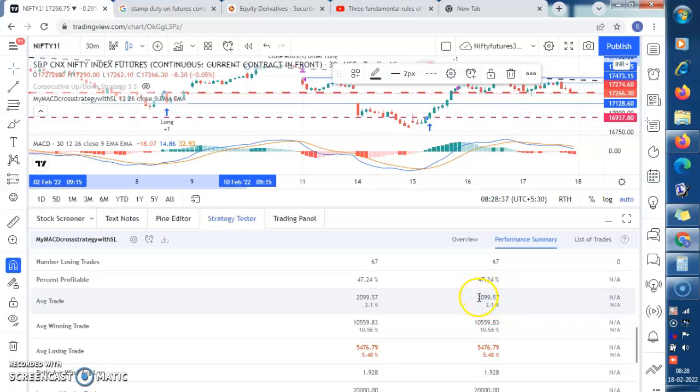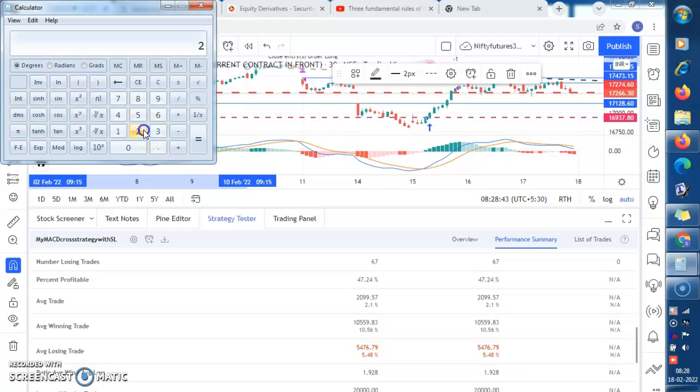So if I take half of this average trade, 2099 by 2, it is around 1045. I will not keep a stop loss beyond this. Divided by 50 that is about 20, so we can keep a maximum of 25 points.